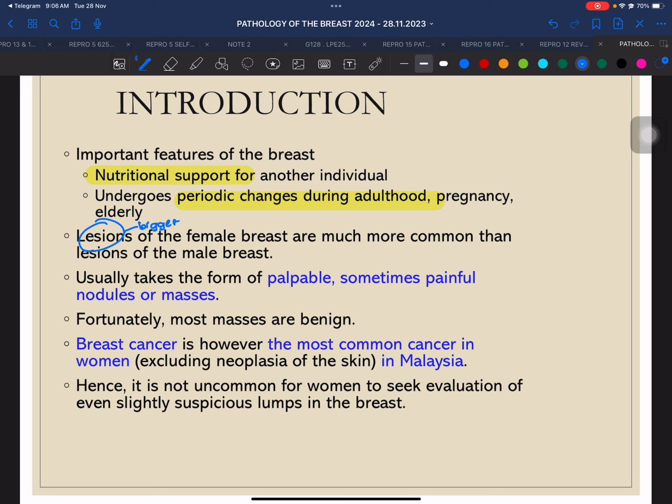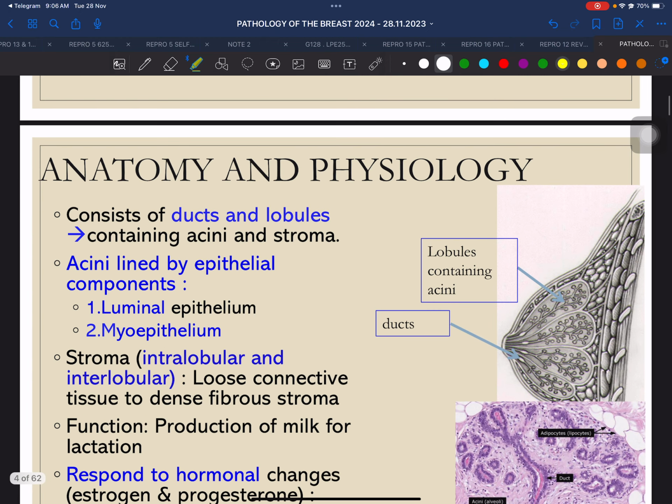Having said that, breast cancer is the most common cancer among women in Malaysia. So it is not uncommon for a patient to come to your clinic to seek evaluation of even a slightly suspicious lump in the breast.